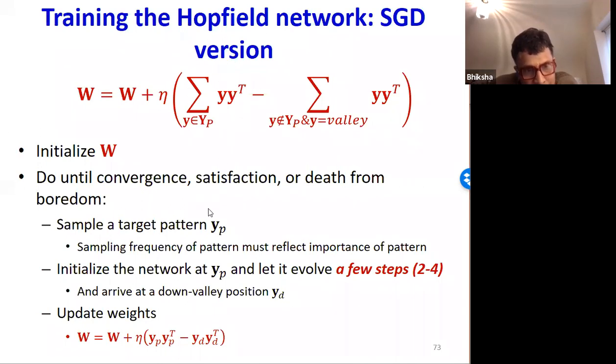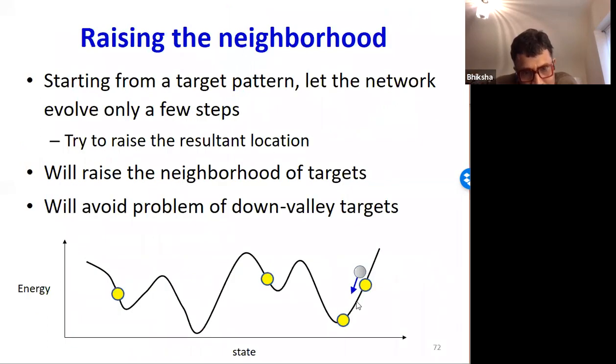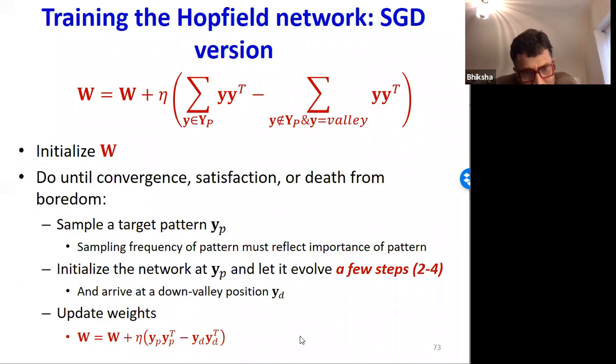You would sample the pattern. So you get the outer product from the target pattern that you're trying to remember. Then you initialize the network at the target pattern and let it evolve for a small number of steps, 2 to 4. And you're going to end up at a down valley position, right? And you're going to try to pull up that down valley position.